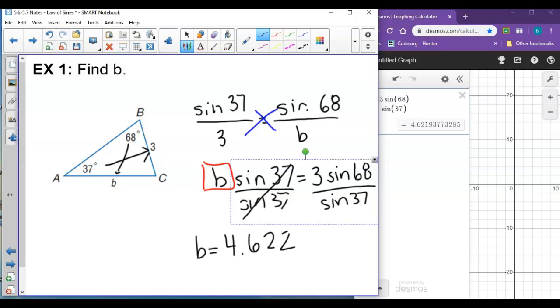So that would be the length of side B. Now, in this particular case, we did not need to worry about the ambiguous case that I was talking about earlier because I had two angles and a side. So that has to be one specific triangle there. So this is just my answer, and I'm done with that.